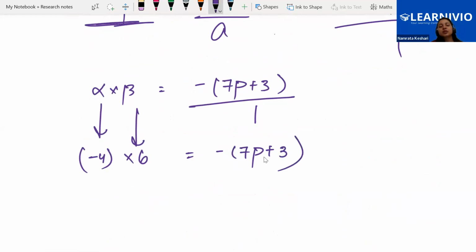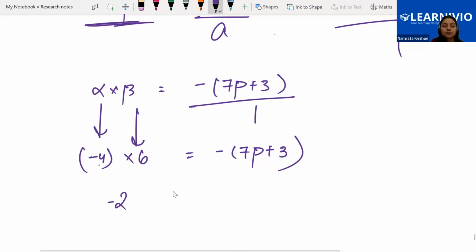Division by 1 means you can skip writing that. So minus 4 into 6 will be minus 24.